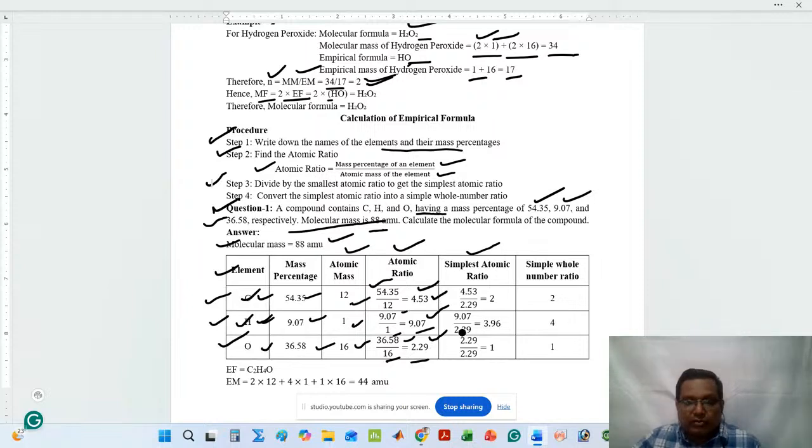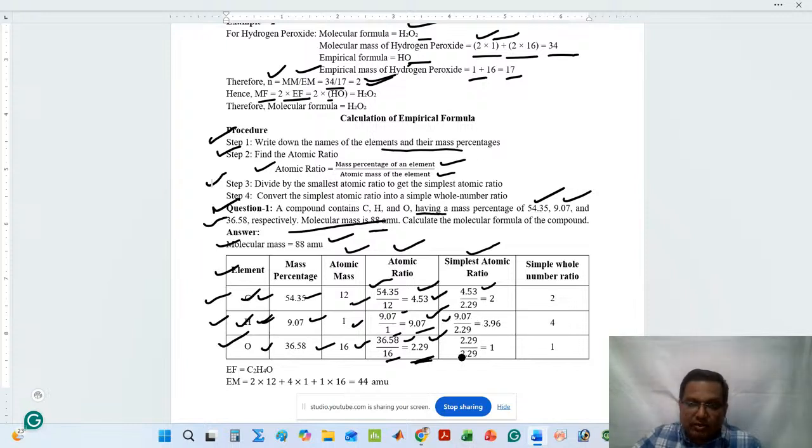So your aim is to find the simplest atomic ratio. This is possible by using the smallest atomic ratio. In this step, what do you want to do? Divide all the atomic ratios by the smallest atomic ratio. That means in the next step, I can write here 4.53 divided by 2.29. Next, 9.07 divided by 2.29.